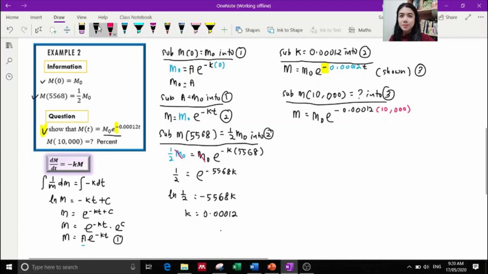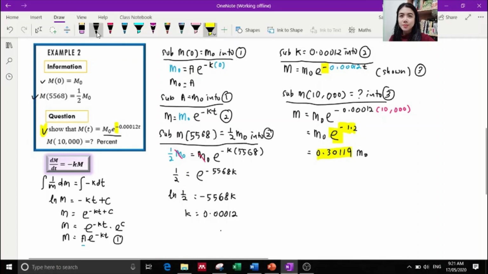Okay, let's simplify it. So you have negative 1.2, and then this is actually equal to 0.30119 m. Use your calculator to get the answer for e to the power of negative 1.2. This is what you have.